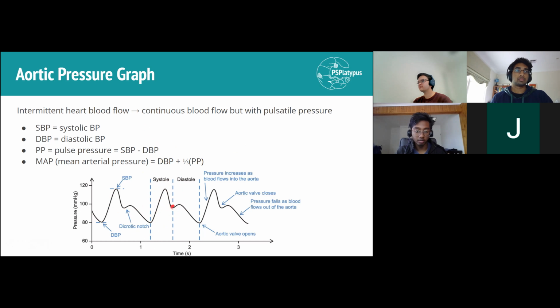The top one is systole, the bottom one is diastole. Pulse pressure refers to the difference between the systolic and diastolic blood pressures. Another idea is the mean arterial pressure, which is the diastolic blood pressure plus 1/3 of the pulse pressure.